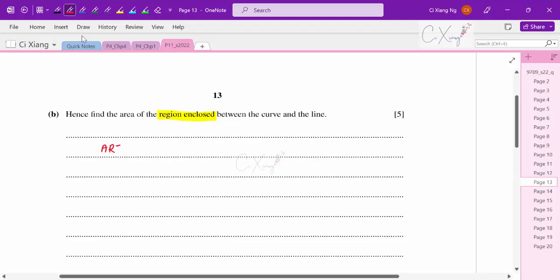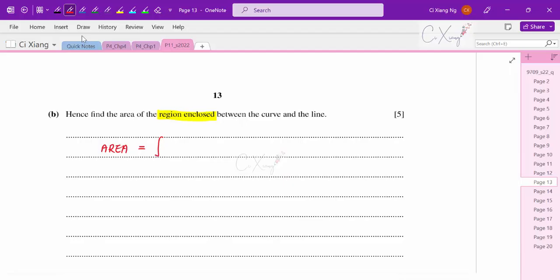My area starts from 2 and ends at 6. So the lower limit will be 2, the upper limit will be 6. They are bounded by two curves, right? The higher curve is actually the square root one. So I'm having (3x minus 2) power half, then minus the lower function, which is half x plus 1.